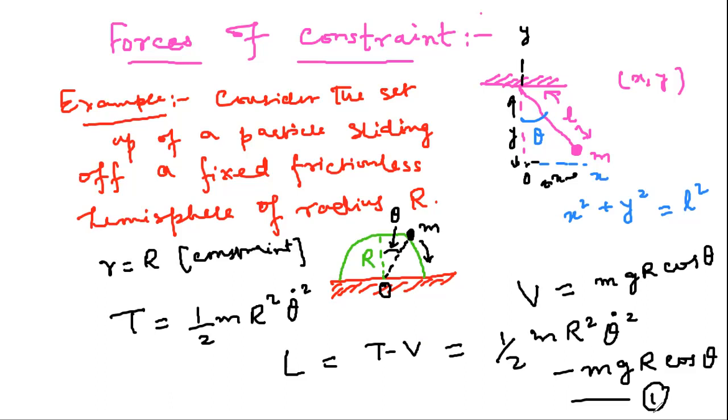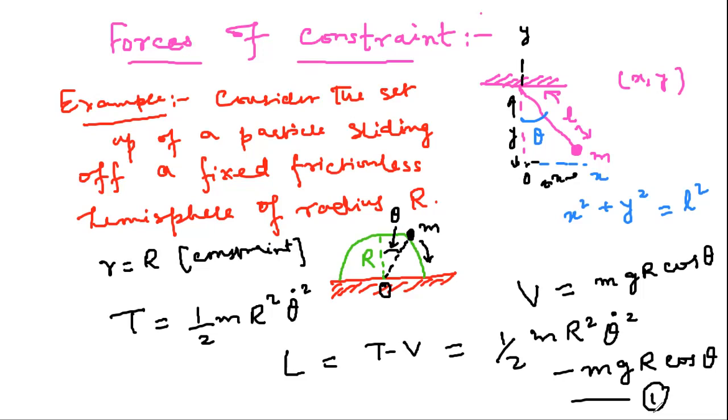The force which is provided by the surface of the hemisphere will be the normal force, perpendicular to the surface at all positions of motion. We don't know its form. We have only used the constraint and solved the equation of motion.